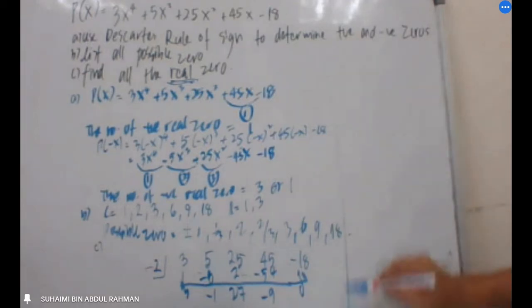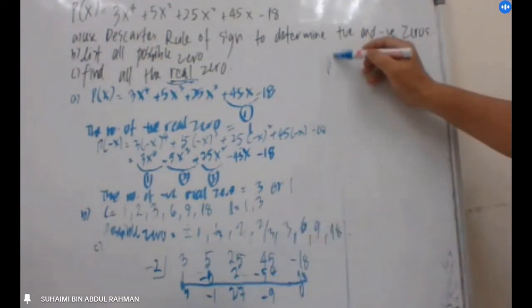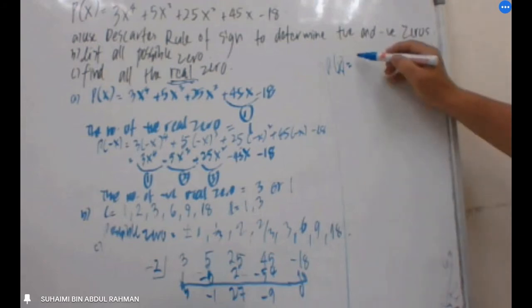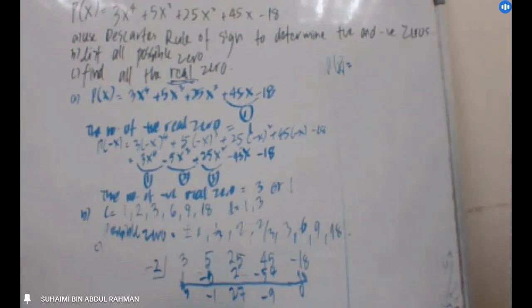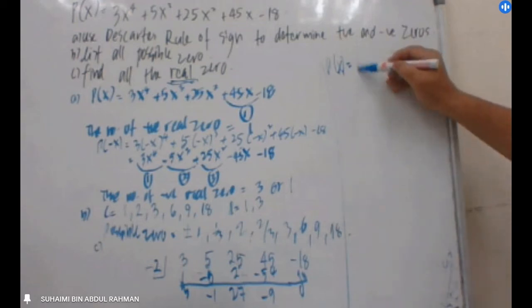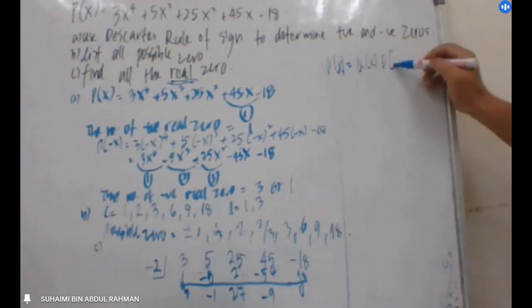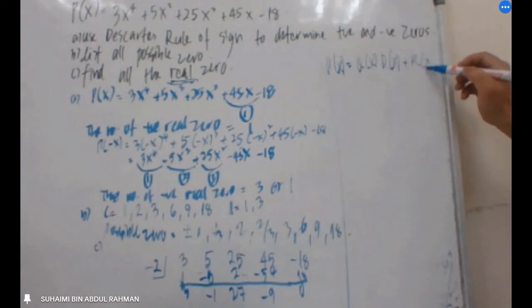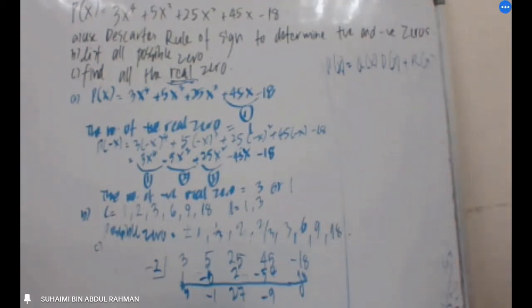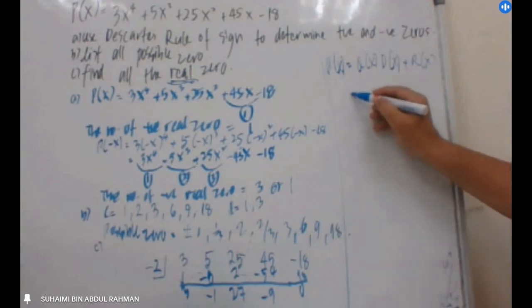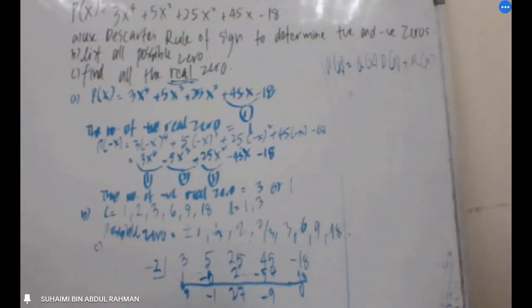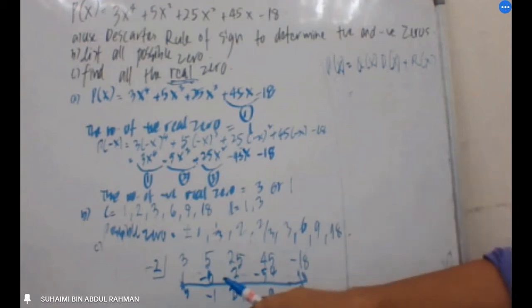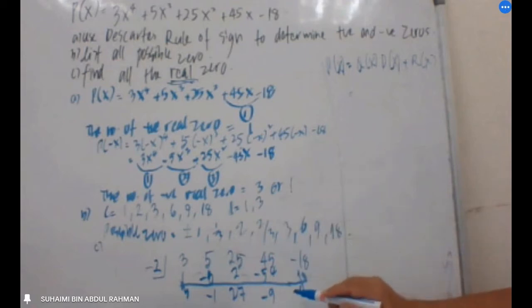Therefore, okay, continue from here. Remember that when we studied polynomials in the early stage, P(x) is Q(x) multiplied by D(x) plus R(x). So what is our Q(x)? When we study synthetic division, the most right is the remainder.